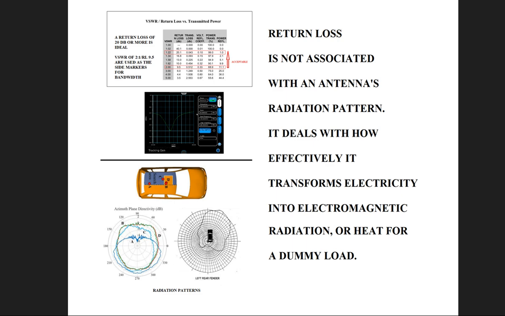First, I want to make sure we have a definite understanding of the difference between return loss and radiation pattern. When an antenna is placed on a particular part of a car, the radiation that comes off that antenna, if you're looking down from space, will have a particular shape depending on where exactly on the vehicle the antenna was placed.